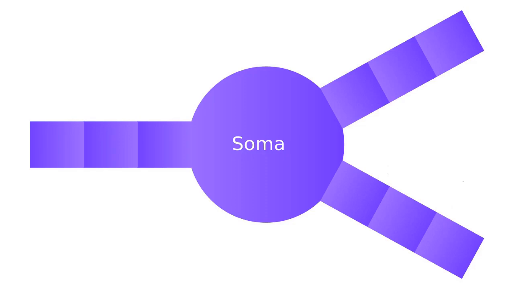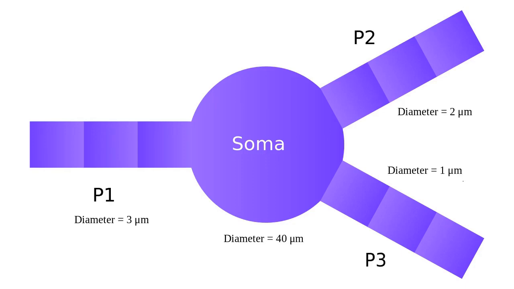The dendrite or axon is divided into linked cylinders, called compartments. In this example, the neuron has a cell body with a diameter of 40 micrometers. 3 processes are attached to the cell body, with uniform diameters of 3, 2, and 1 micrometers. Each process is 300 micrometers long and divided into 15 segments.